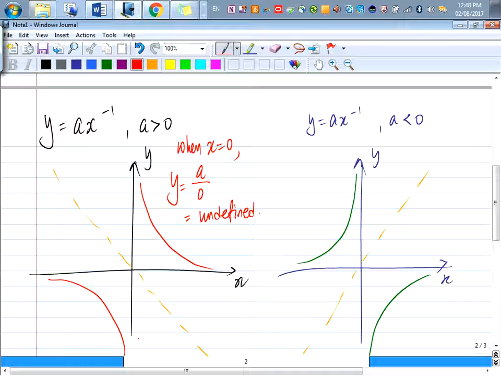There is a break. I cannot join up the two graphs. They don't meet each other. So I say that this y-axis cannot be touched. The x-axis also cannot be touched. Okay? The graph does not exist for x equals 0. Likewise, the graph does not exist for y equals 0. Same for this case. Okay?